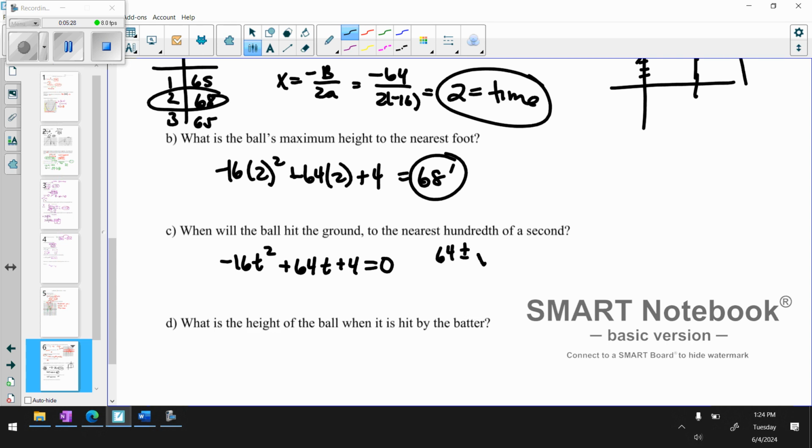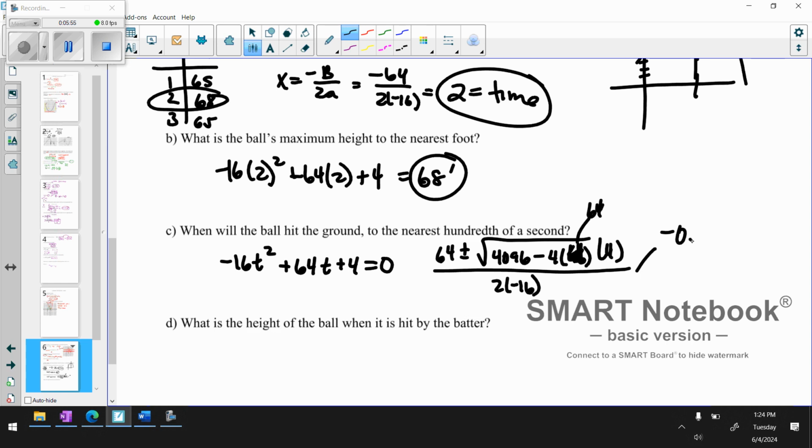So 64 plus or minus the square root of 4,096 minus 4 times negative 16 times 4, all over 2 times negative 16, right? I do that, I'm going to get two answers. One answer is negative 0.06. Could the ball hit the ground before it was even hit? No. So the other one gets me 4.06.